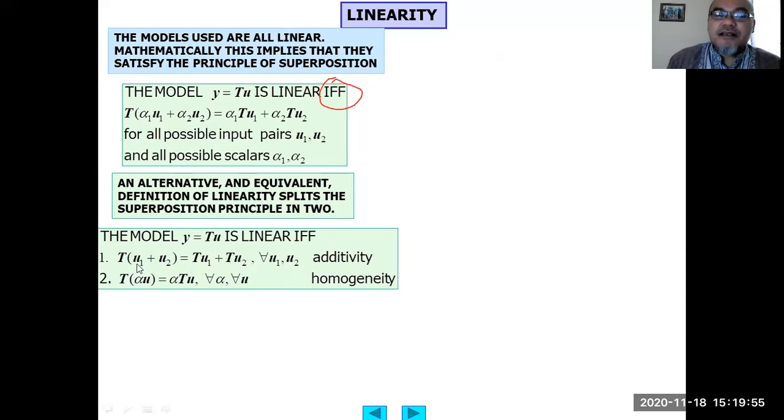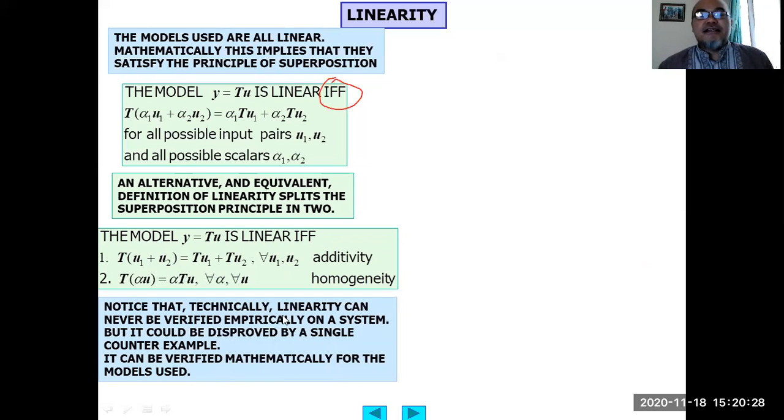And T of alpha U, a scalar multiplied to an input, equals the scalar alpha times T U, that is, the scalar multiplied to the output of that function when the input is U. This is what we call the homogeneity principle of linearity, for every alpha and every U.